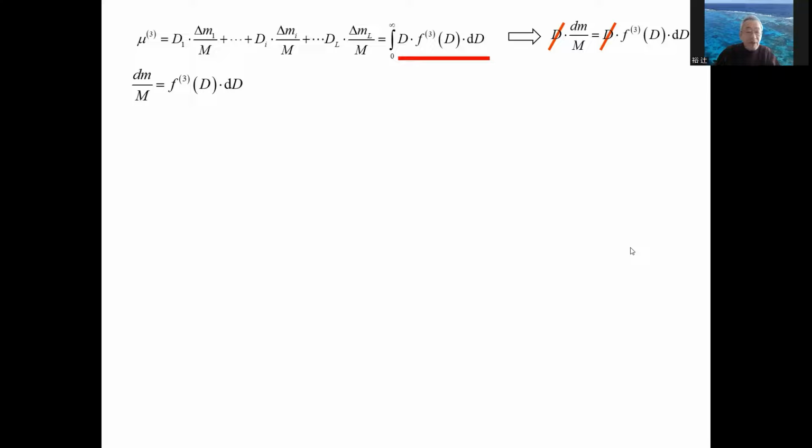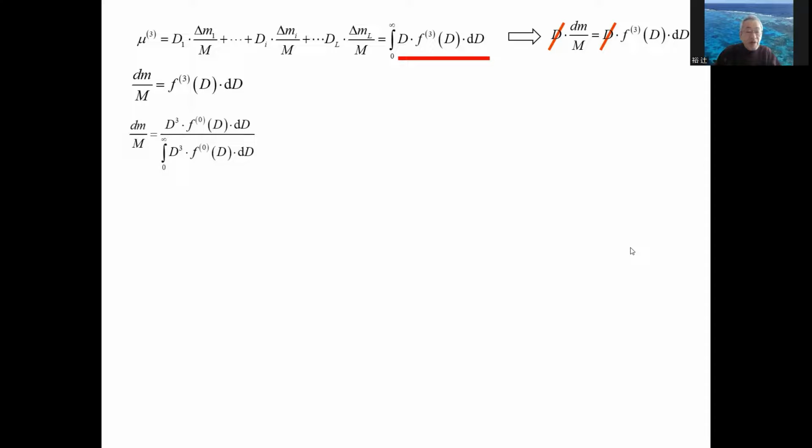I have shown before that dm over m has been expressed by using the number-based distribution function f0. So if you forget it, please go back to page 5 and refer to equation 5 on that page.